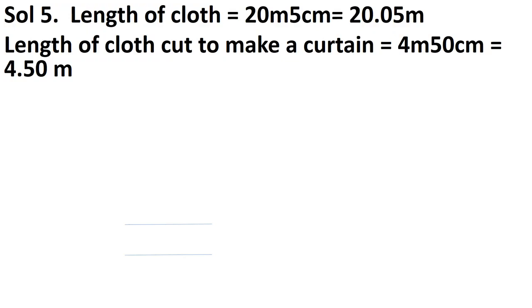So we have to convert it into decimal, because in this decimal is not given to us. Meter and centimeter is given. So total length of cloth is 20 meter 5 centimeter, which is equal to 20.05 meter. Length of cloth cut to make a curtain is 4 meter 50 centimeter, which is equal to 4.50 meter.